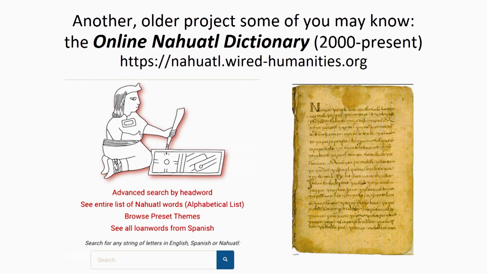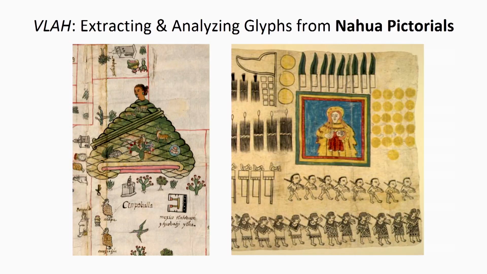So this dictionary online has 150,000 users a year, so we're very excited about that. And some of you probably have used it. I think if you're here, it might be because you know something about the Nahuatl language.